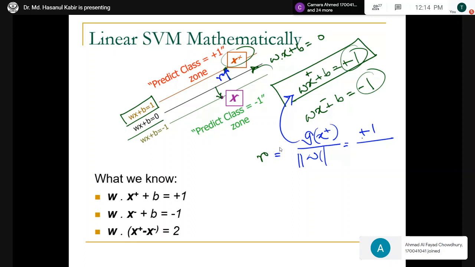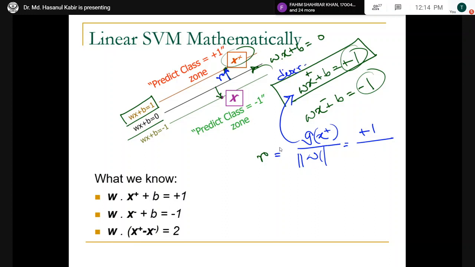Exactly. And then the relation between the function response, the discriminant function, and r, which means the distance: you simply have to divide it by the magnitude of w, right?